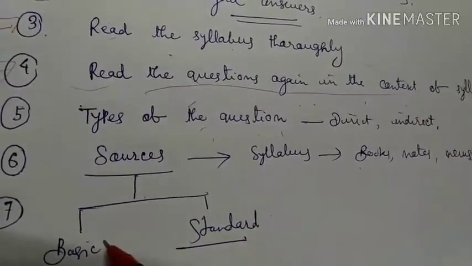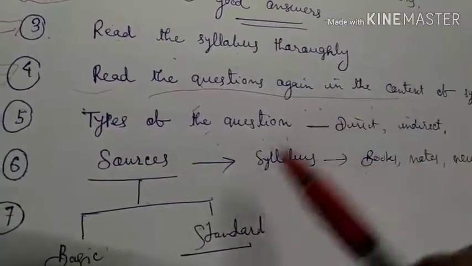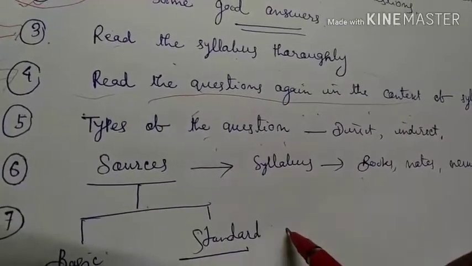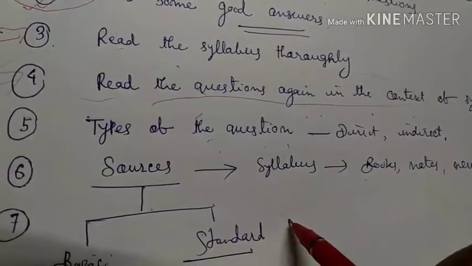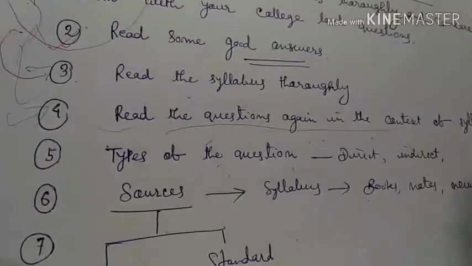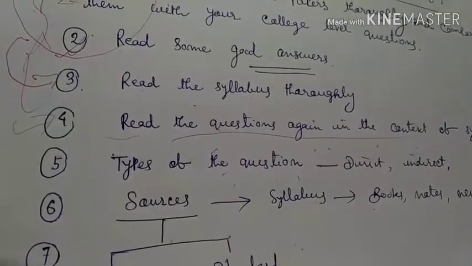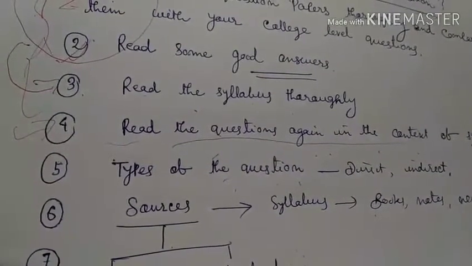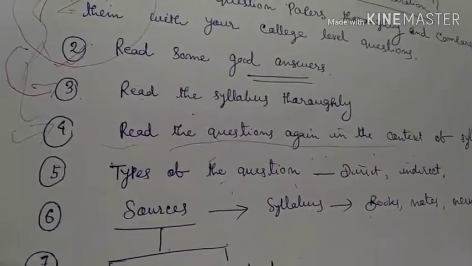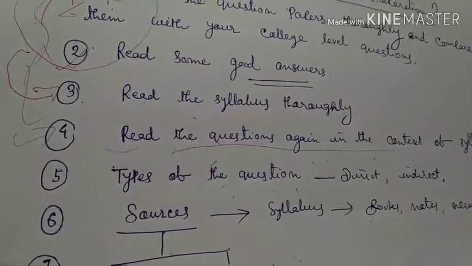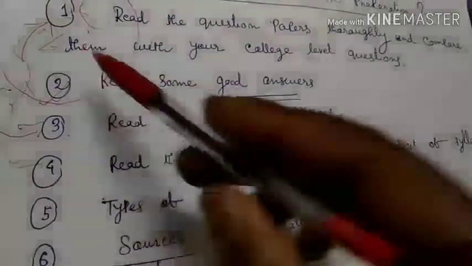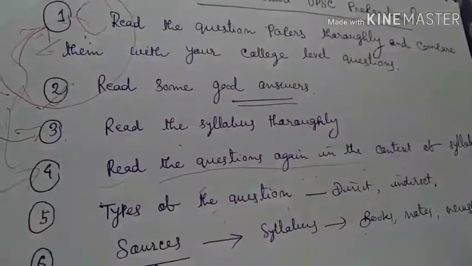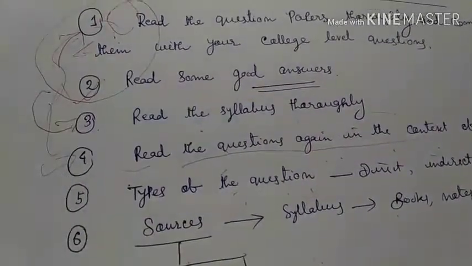Are they picked from basic books, or from standard books? This is very important. Once you determine the sources of the questions, your next step will be to go through the basic books and standard books. So this video is regarding the first step of the preparation.